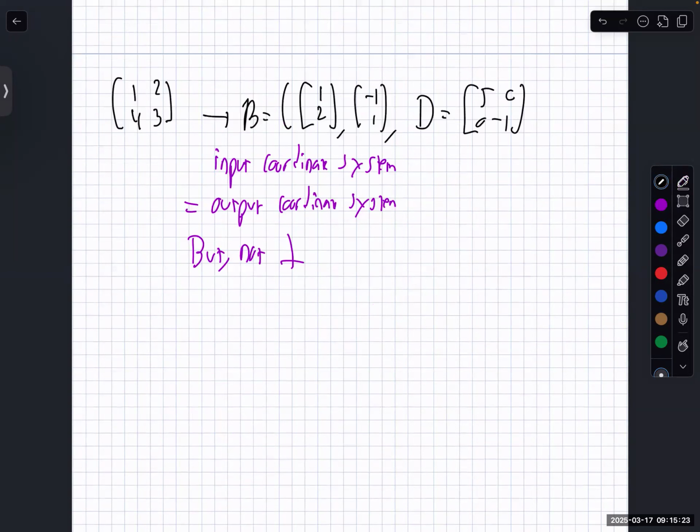And then finally, that third example that we did, 1, 2, 3, 6.